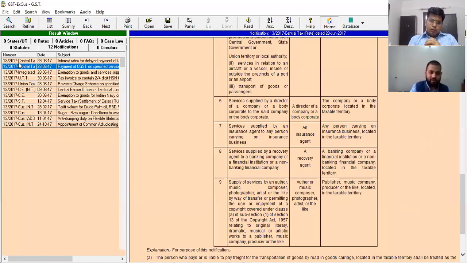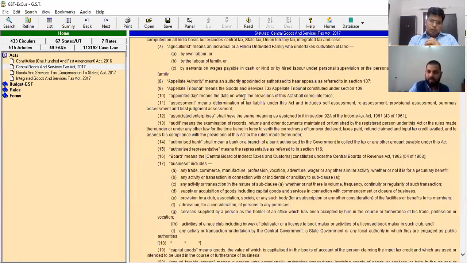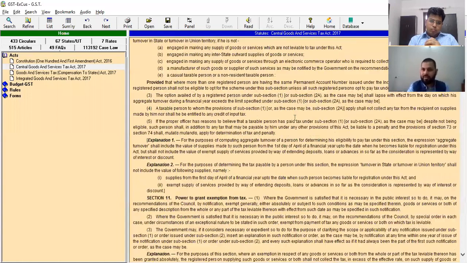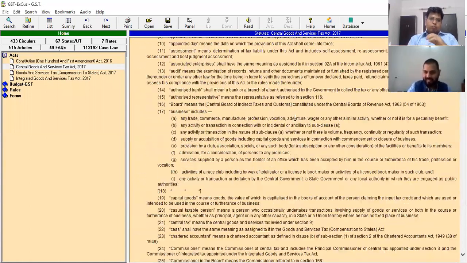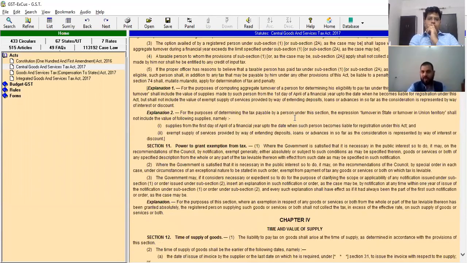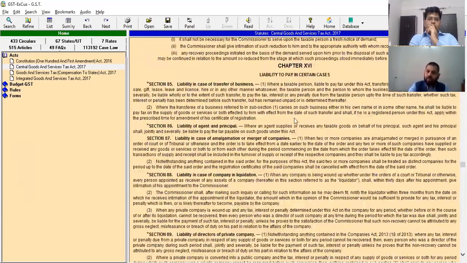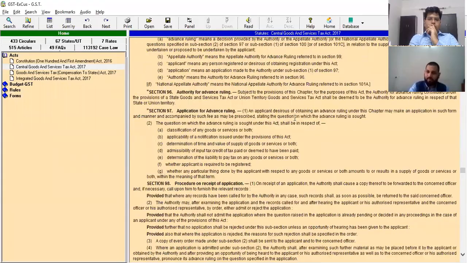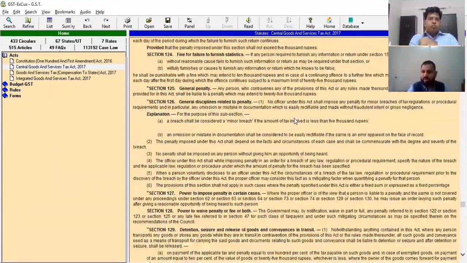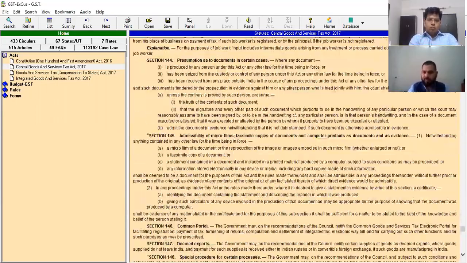So as we had read in CGST Act schedule 3, none of the activities mentioned there were amenable to GST. One of the things mentioned there was that any services rendered by an employee to the employer during the course of his employment or in relation to his employment will not qualify as a supply, and hence no GST will be payable on that.